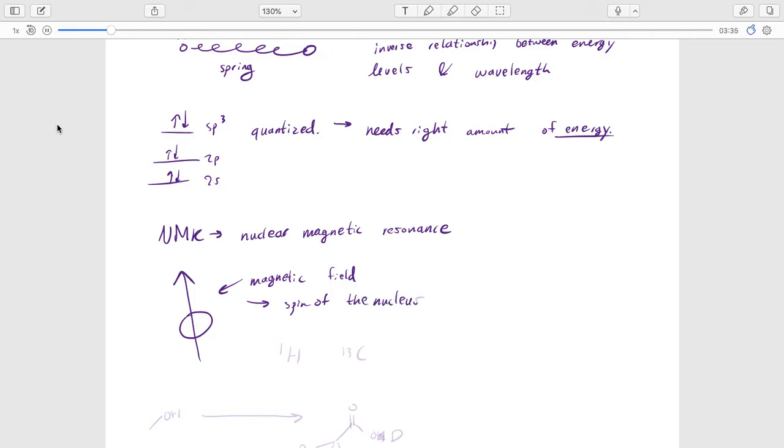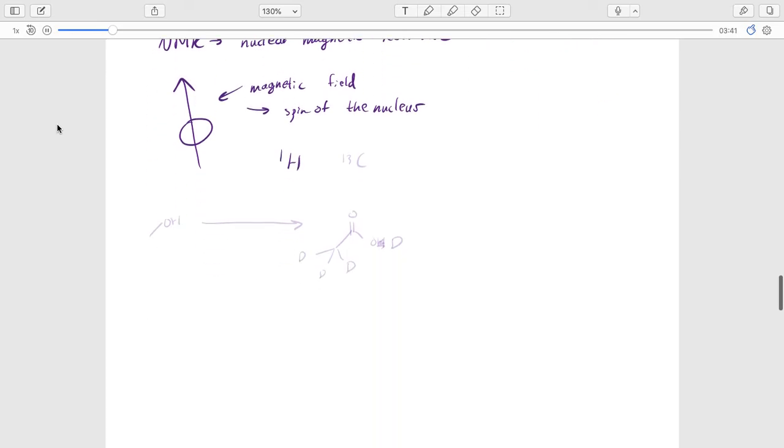The most common one is, what do you know, hydrogen-1, because that's only got one proton in it, and it's easy to observe one proton instead of like 15 or 16. Now there is carbon-13 NMR, but we really haven't gone into that so much, so don't worry about that too much.